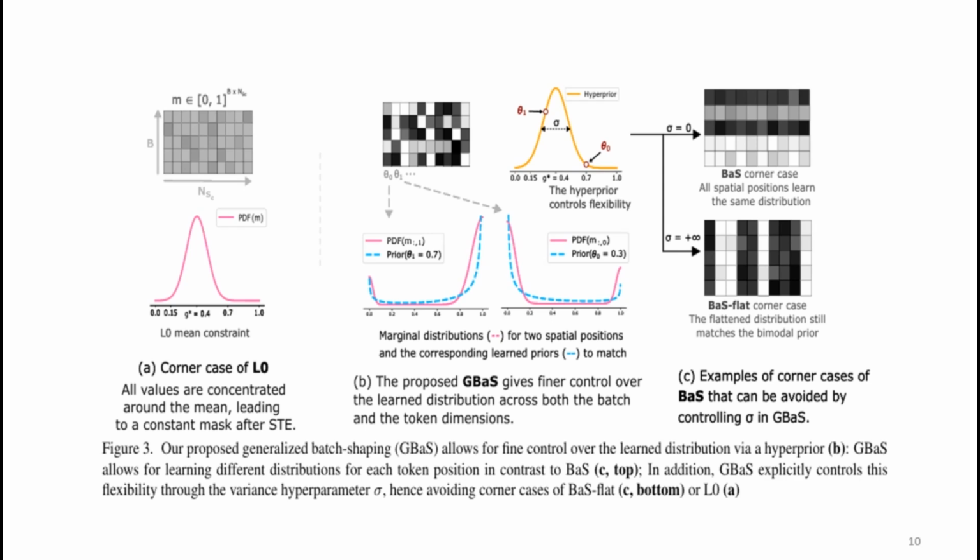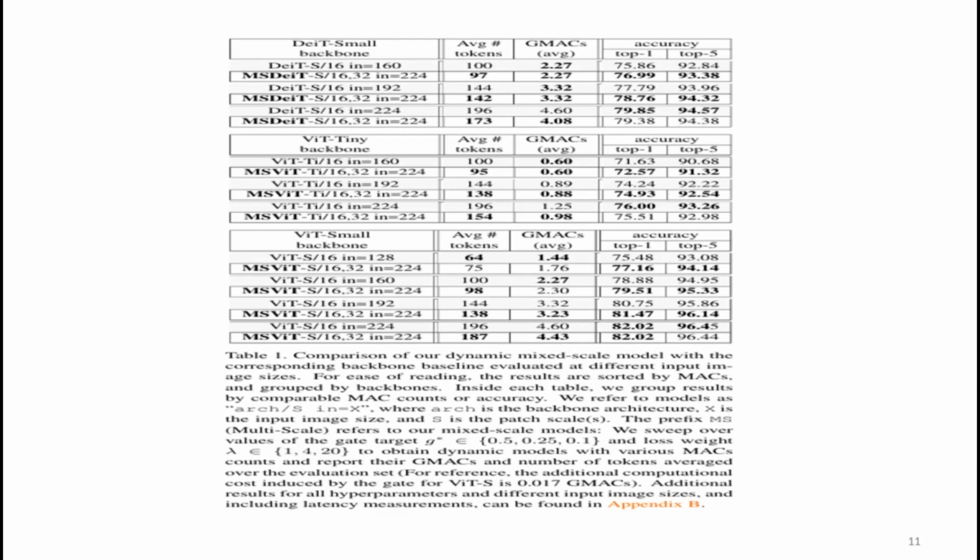This MSViT is able to focus on the most important parts of the image while avoiding computational waste. When validated on classification and segmentation tasks, MSViT demonstrated an improved accuracy-complexity trade-off, offering a more efficient and scalable approach to vision transformers.